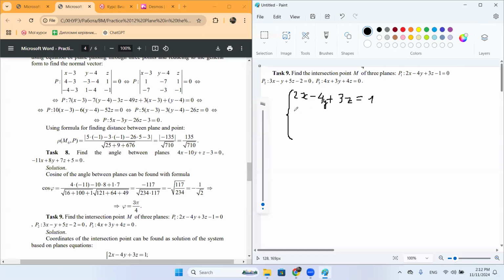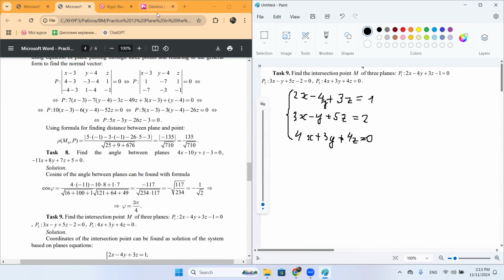So 3x minus y plus 5z equals 2, 4x plus 3y plus 4z equals 0. First of all, we need to verify that this point M exists. Not every three non-parallel planes have a common point.